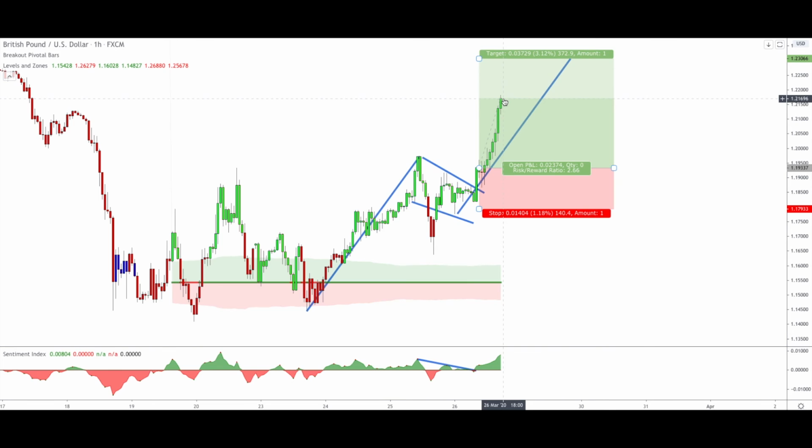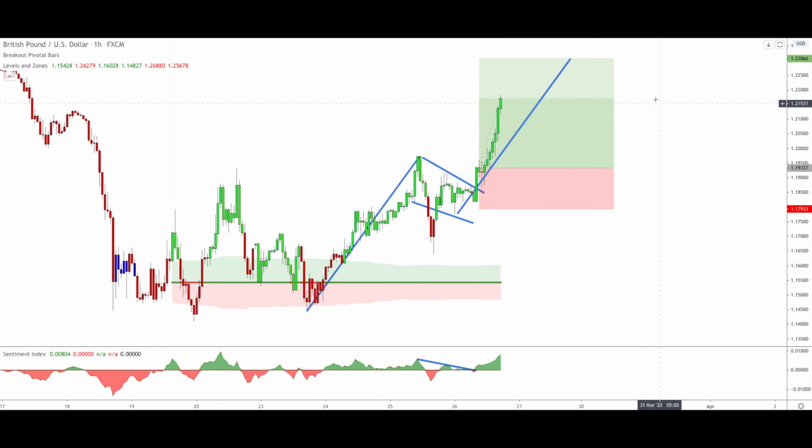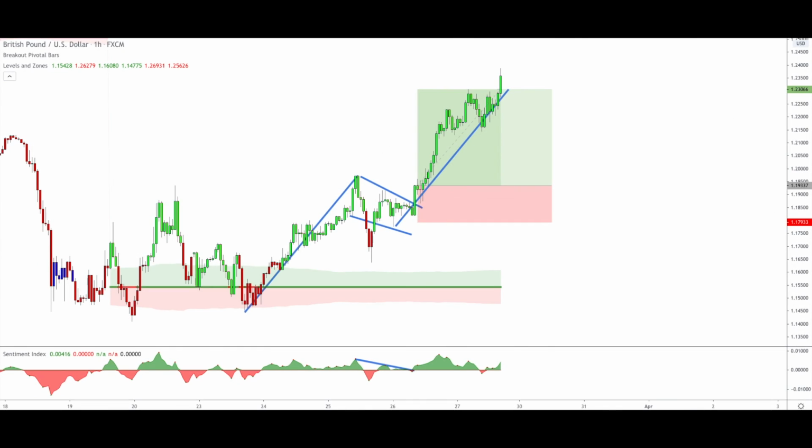Otherwise it might take some more time, but I'm still expecting to reach this level for this trade. Let's see what happens. So this is the typical trade that starts well and then gets a little bit frustrating.